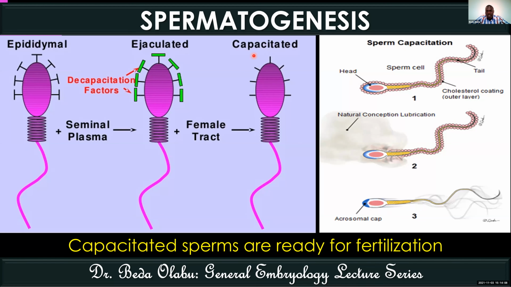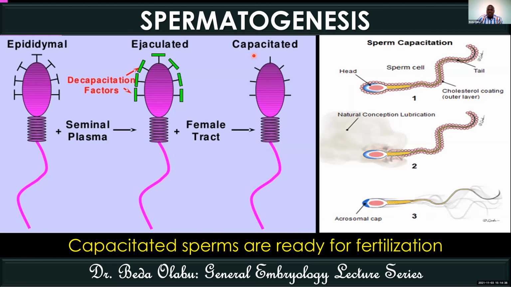This achieves 2 things. One, it makes the sperms more motile, which means they can now swim faster. And 2, it has unveiled the identity molecules of the sperms, which means the sperm can now see where the oocyte is. Capacitated sperms are therefore ready for fertilization.